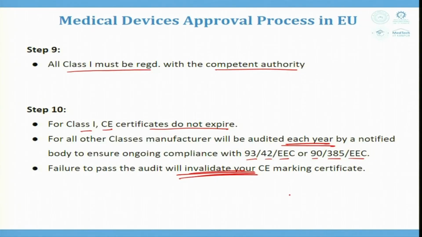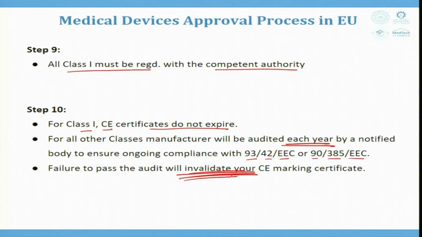That is, each year an audit happens for the high risk kind of medical devices in manufacturing, and the audit gives the non-conformances if those are there. Non-conformances are not always enough to invalidate your CE marking certificate. Non-conformances could be major or minor. If those are minor, they are just taken care of there itself.